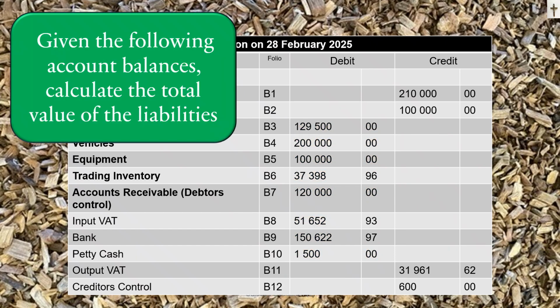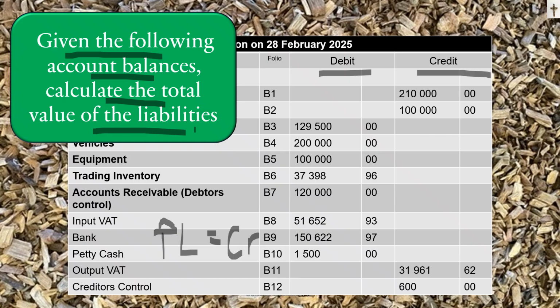Next question. Given the following account balances, calculate the value of the total liabilities. Now, an increase in liability, the rule says the account must be credited. So these liability accounts end up with credit balances.